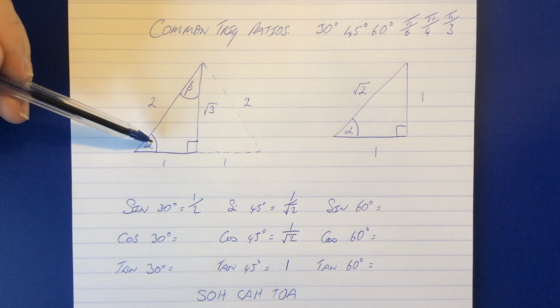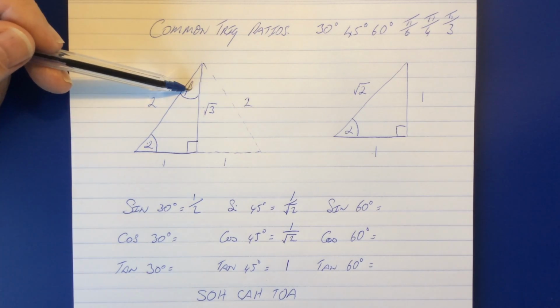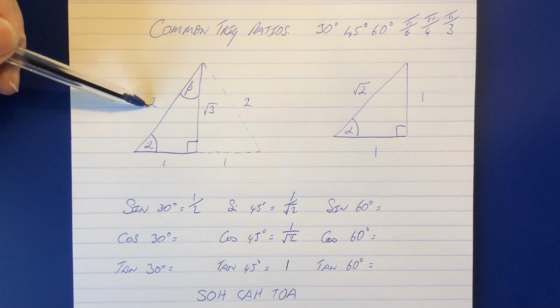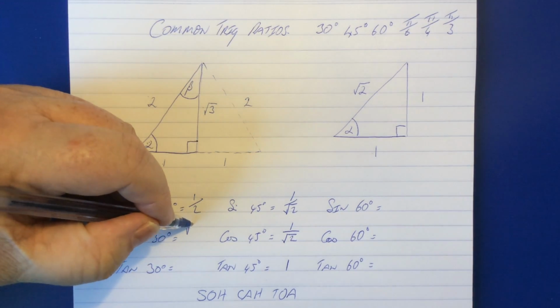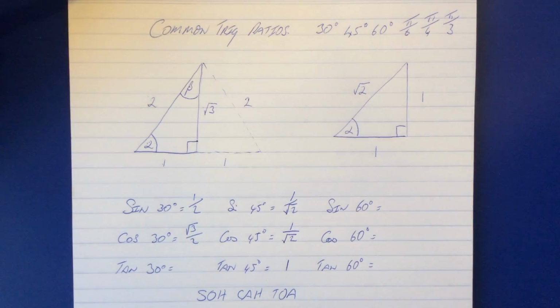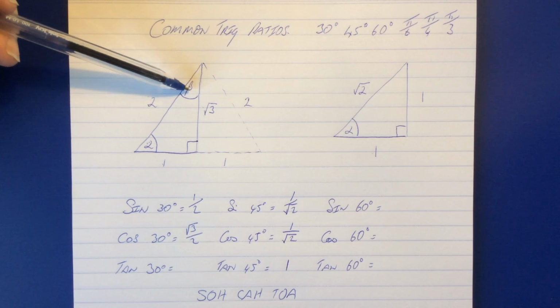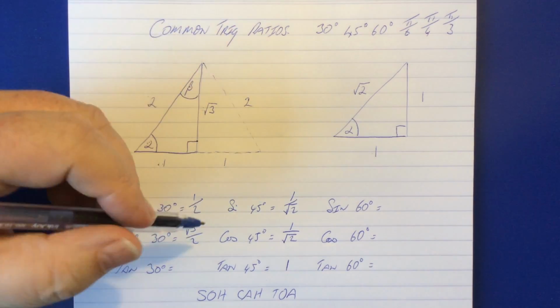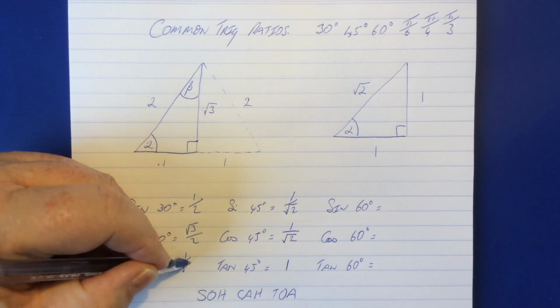The cosine of this angle will be the adjacent over the hypotenuse, root 3 on 2. The tangent of this angle will be the opposite over the adjacent, 1 on root 3.